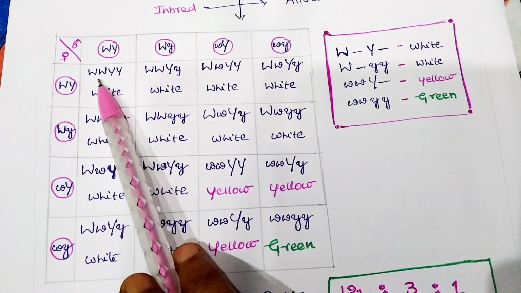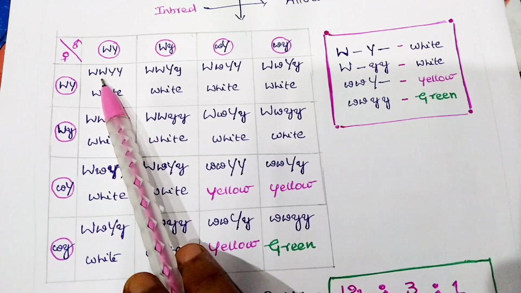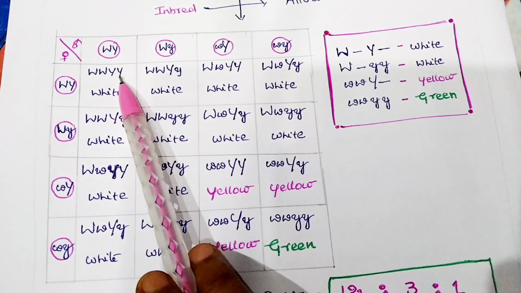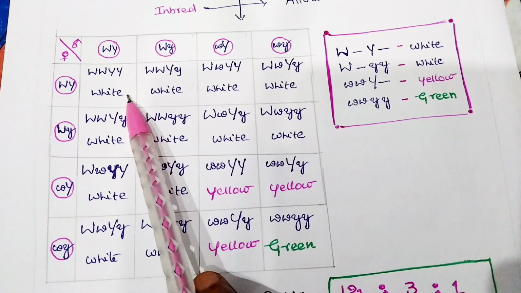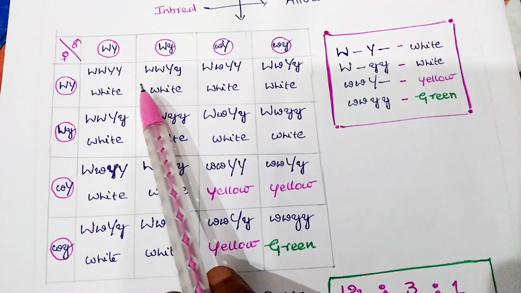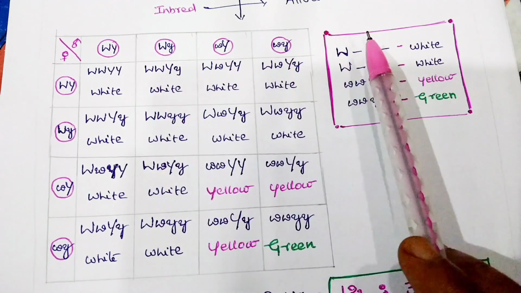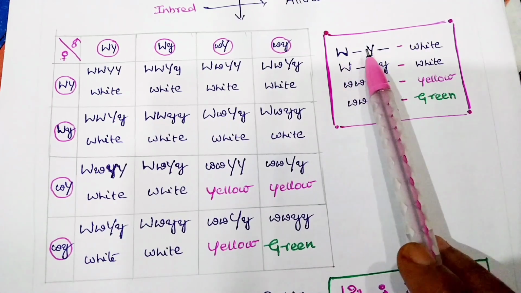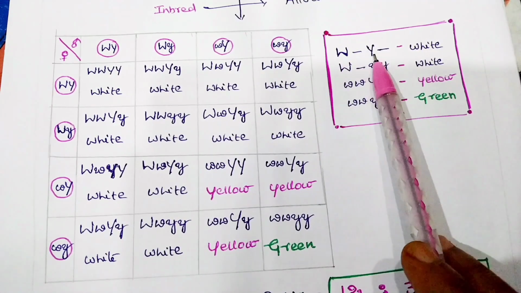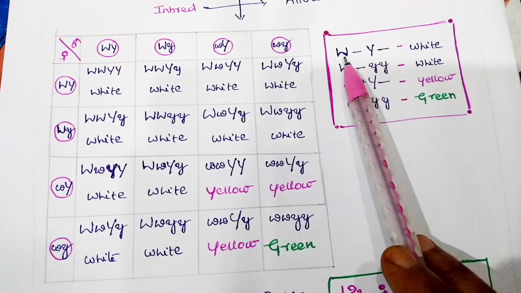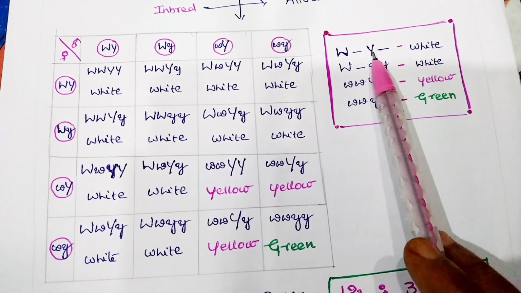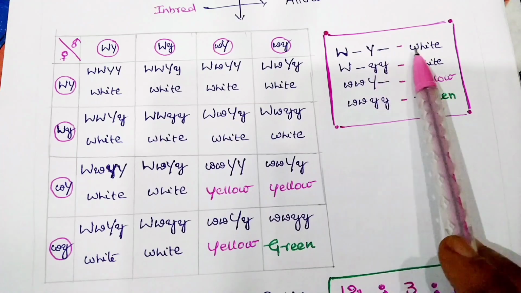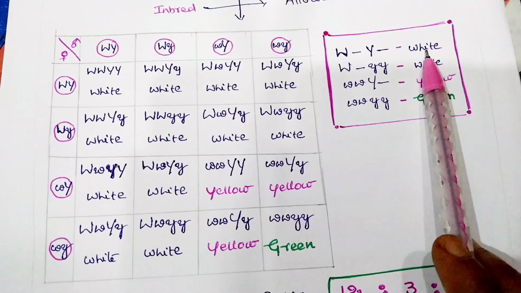Wherever you find capital W and capital Y, only white color is expressed. Why? Because when capital W and capital Y are both present, capital W suppresses capital Y. That's why the white phenotype is produced.